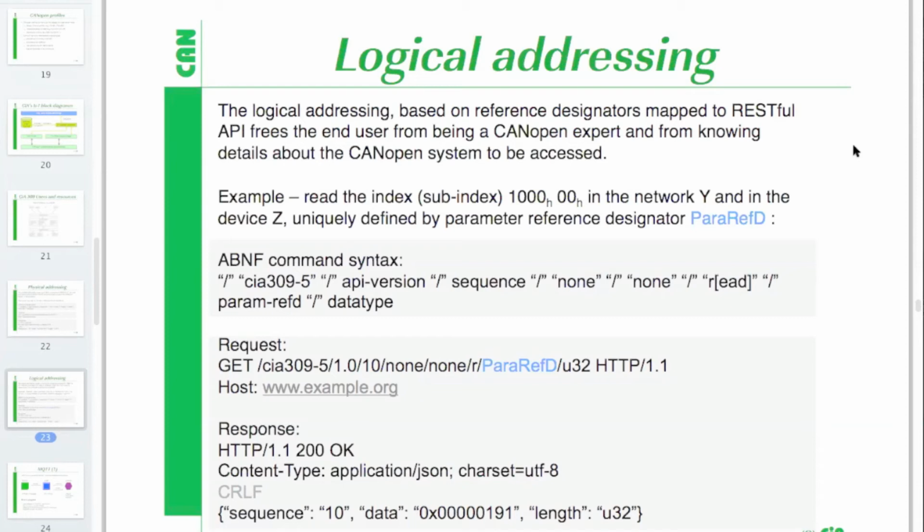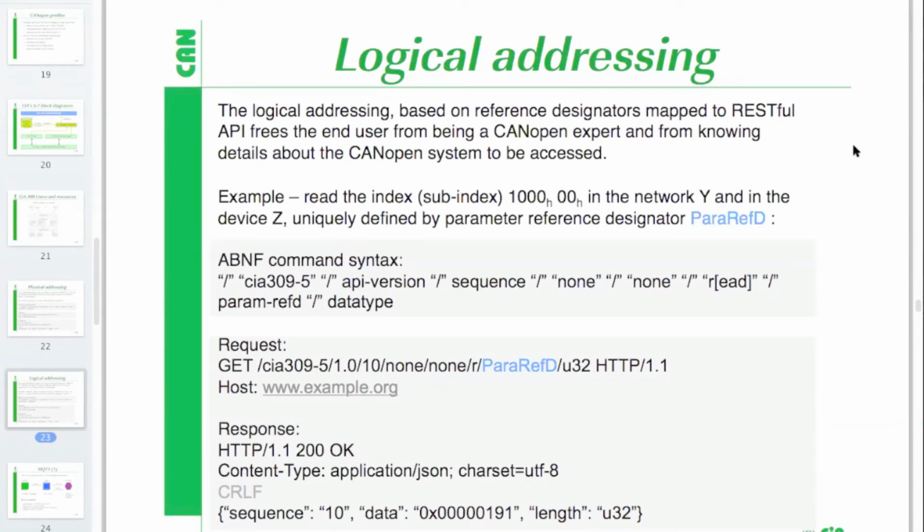There are actually several reference designators, but they provide the opportunity to access a CANopen embedded system completely independently, without knowledge of the CANopen network whatsoever. However, it should, of course, be pre-configured by specialists who know a thing or two about CANopen.